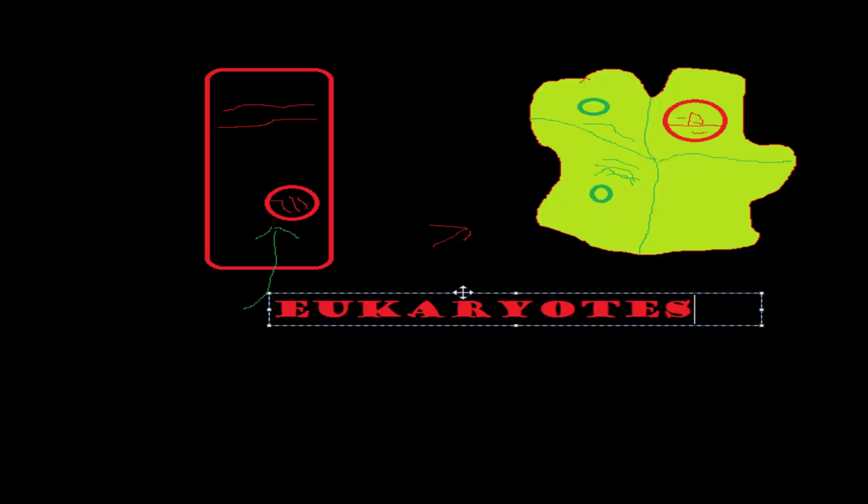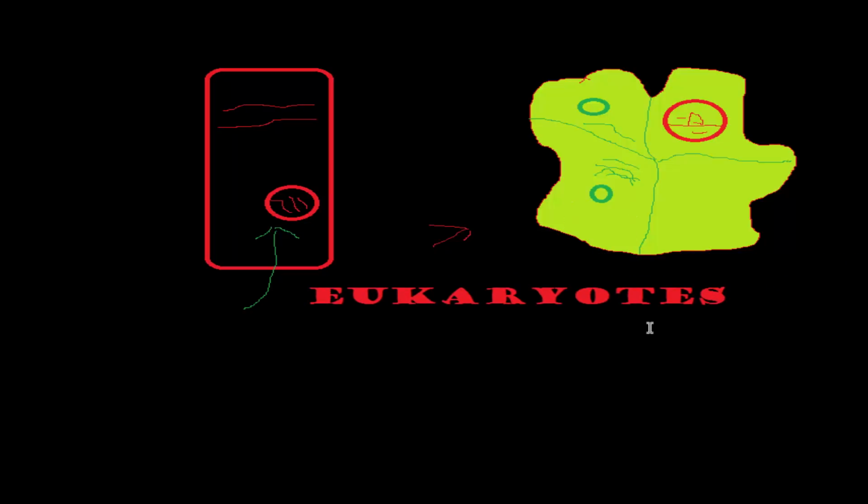So now that we have the shape down, let's talk about the actual organelles. All eukaryotes, that is, these are the eukaryotes, were originally anaerobic, but then came along these things called peroxisomes.